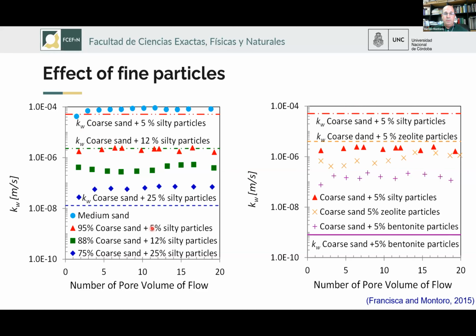The hydraulic conductivity measured with water on the NAPL initially saturated specimen is shown in each one of the pictures for each pore volume of flow. We can see that the increase in water saturation in each specimen during the flushing process implies an increase in the value of the hydraulic conductivity.